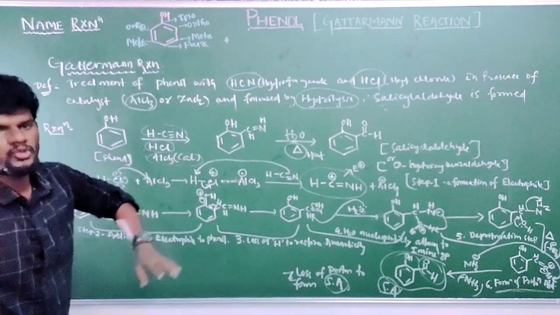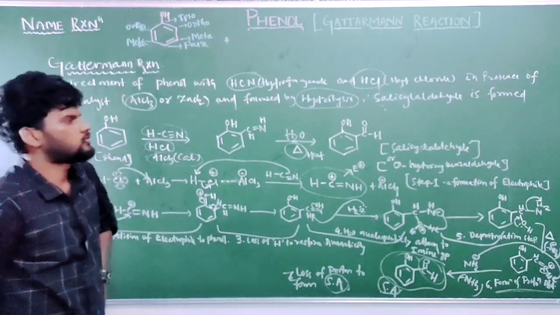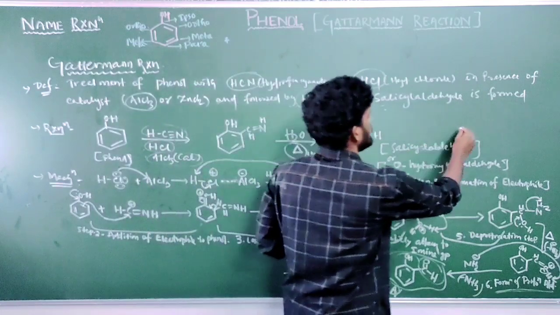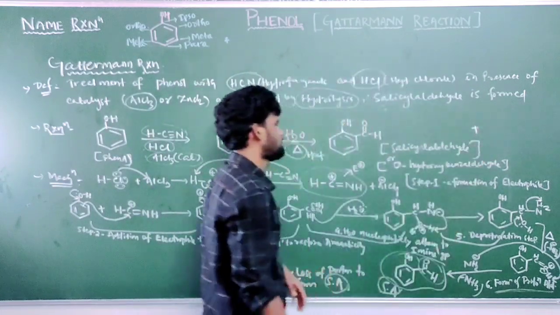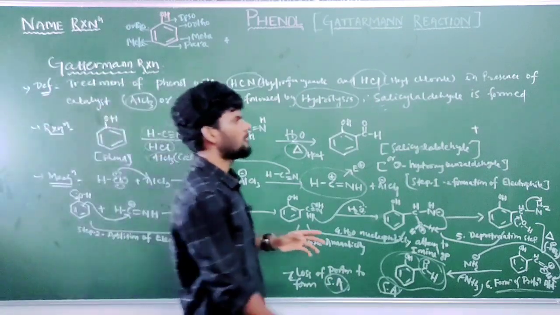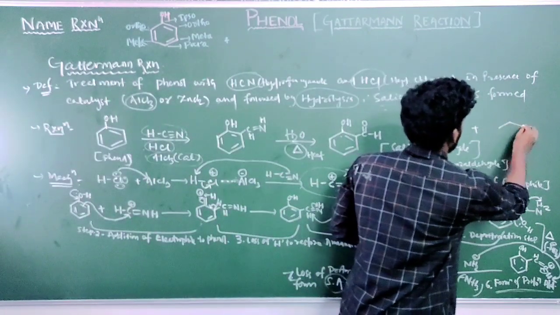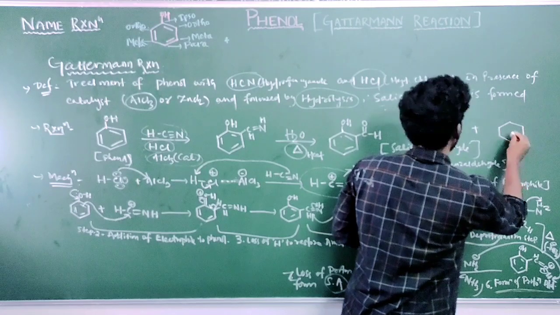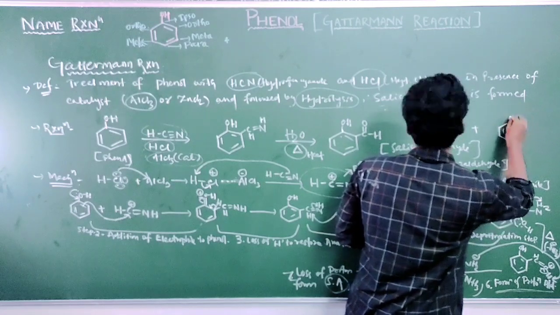This is ortho substituted. Here you can also get the para product, but the ortho product is the major amount, and the para product is in minor or very small amount.